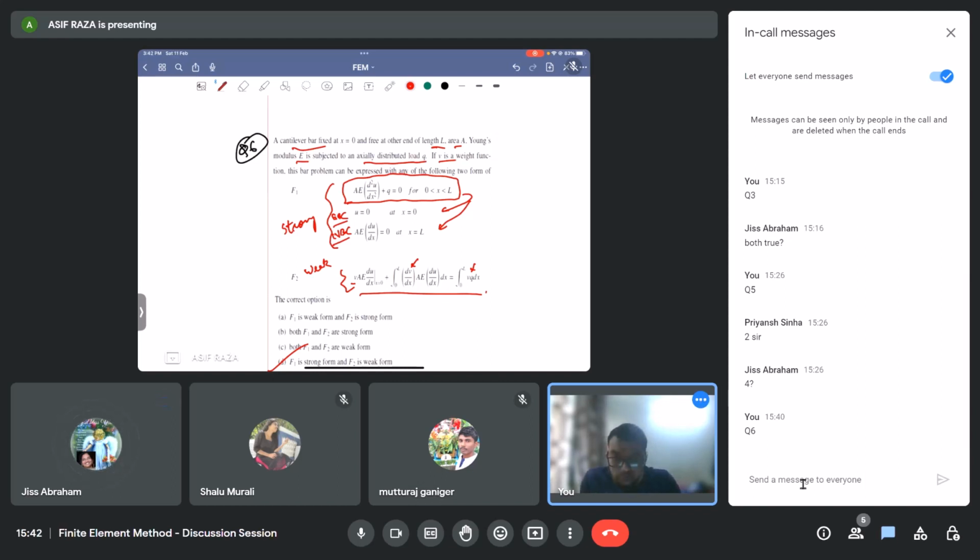One thing more to see is, essential boundary conditions and natural boundary conditions should not be given at the same point, like at x equal to 0, or at x equal to L. We can't have AE du by dx equal to 0 at x equal to 0.